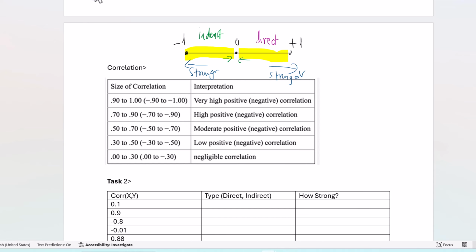For example, values from 0.9 to 1 or -0.9 to -1 mean very high positive or negative correlation or linear association. On the other side, values from 0 to 0.3 or 0 to -0.3 mean negligible or very weak linear association or correlation.